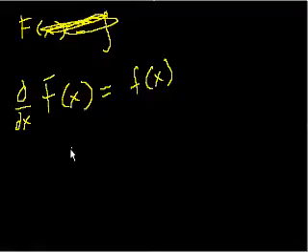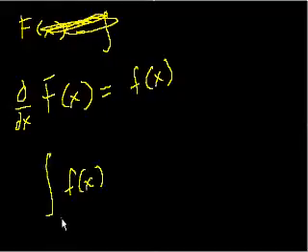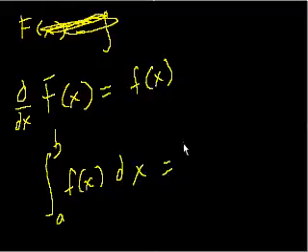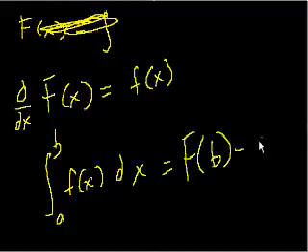I have to go make sure. See, I haven't done math in a long time, so I'm giving you all of this based on intuition, not necessarily what I'm reading. But the derivative of big F is this small f, and all we're saying is that if we take the integral of small f of x from A to B dx, this is big F, its antiderivative at B, minus the antiderivative at A.